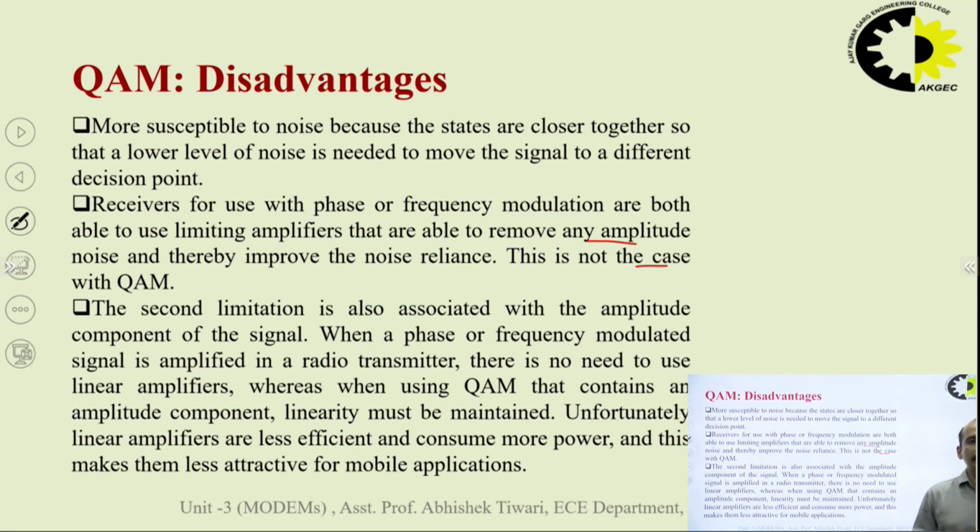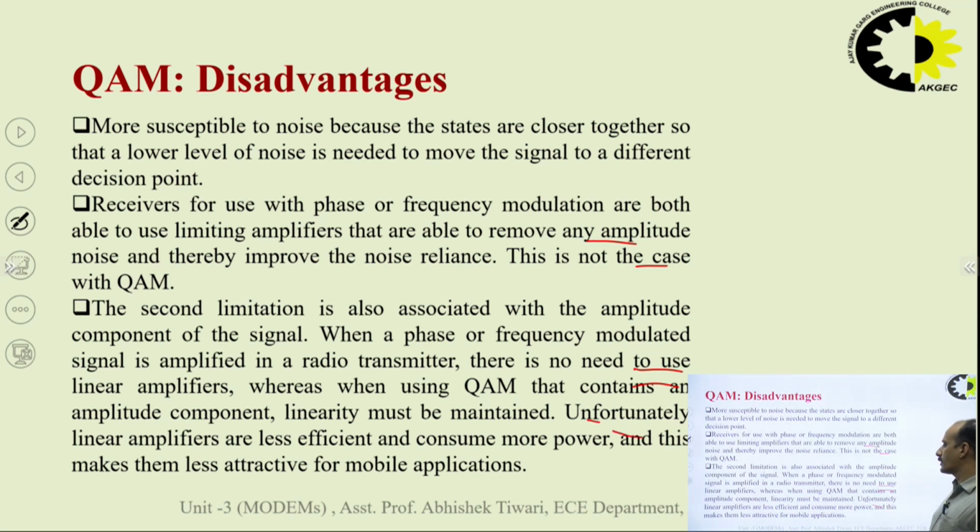Then the second limitation of QAM is also associated with the amplitude component of the signal. When a phase or frequency modulated signal is amplified in a radio transmitter, there is no need to use a linear amplifier, whereas when using QAM, it contains an amplitude component, so linearity must be maintained.